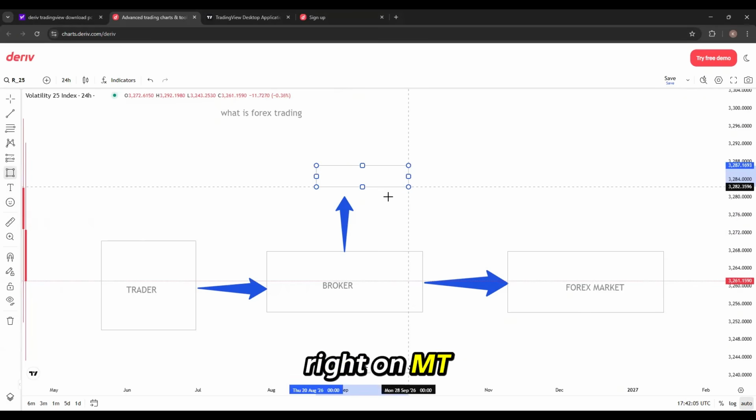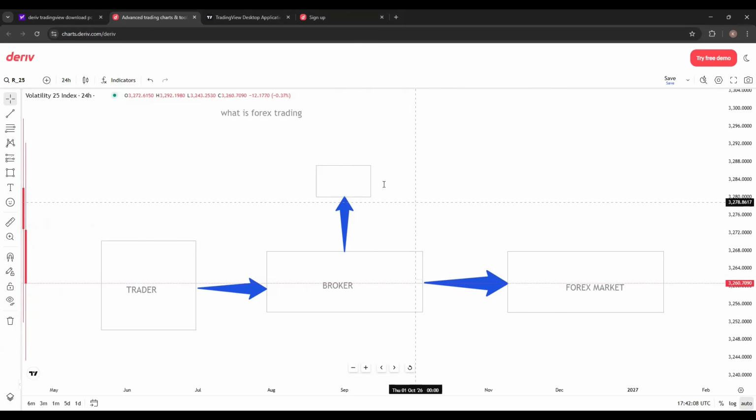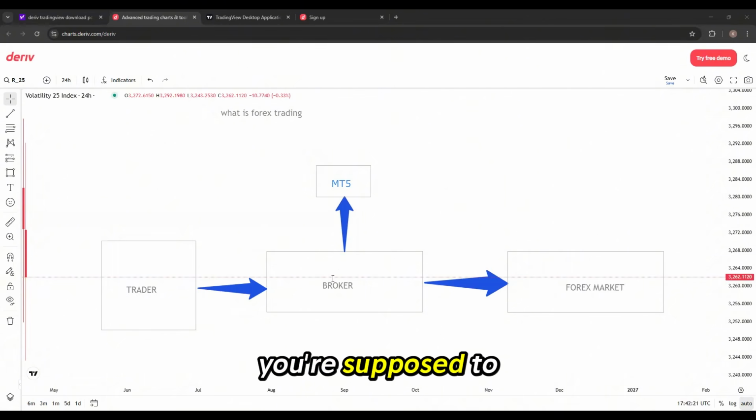Right, on MT5, this is now the platform that you execute your trades from, meaning that each and every trader is supposed to have an account. After you have an account, you're supposed to open an account with a broker.